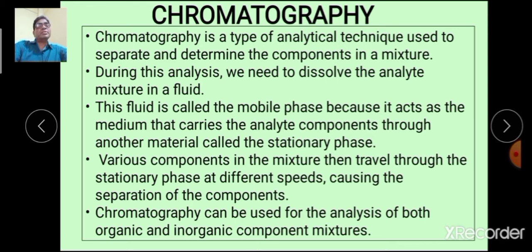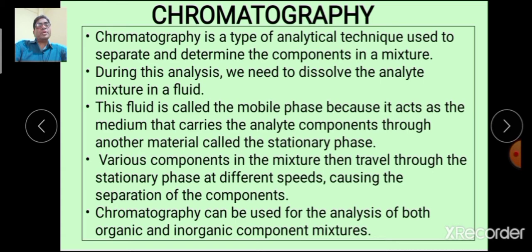This fluid is called the mobile phase because it acts as the medium that carries the analyte components through another material called the stationary phase. Therefore, every chromatography method consists of two phases. The first one is a stationary phase and the other is a mobile phase.